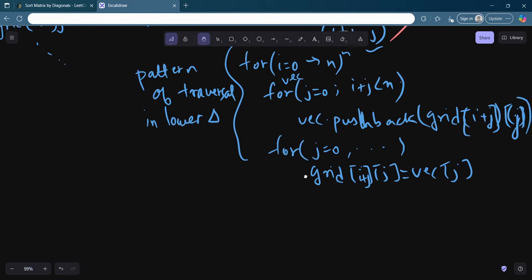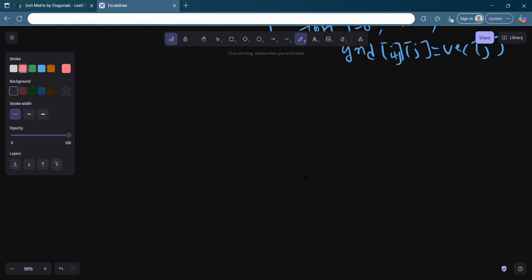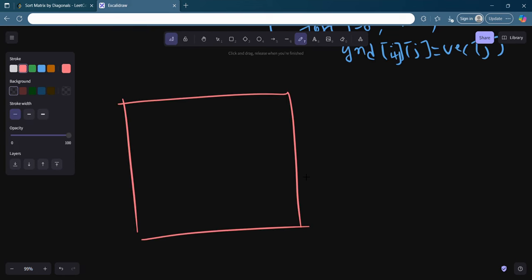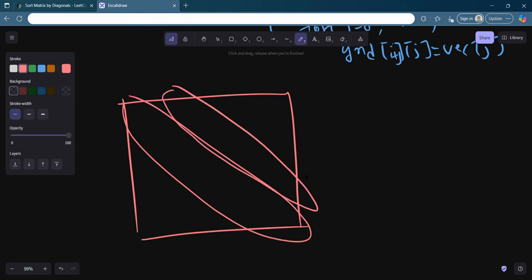And if you talk about the upper triangular matrix now, it is also very simple. If I talk about the upper triangular matrix, you start with this row, right? The first one is definitely 0 comma 1, and this starts with 0 comma 2 all the way till 0 comma n minus 1.